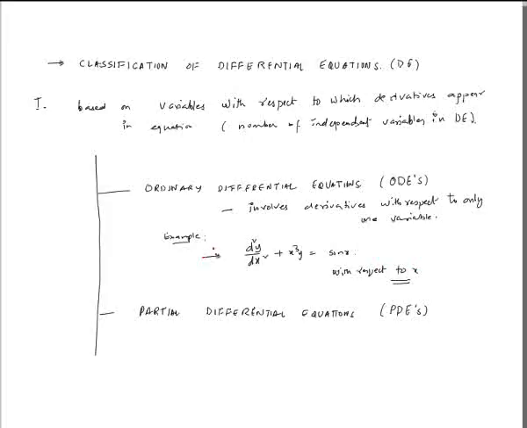But sometimes you may have something like this: d square u by d t square is equal to c square d square u by dx square. Here you have derivatives with respect to t and derivatives with respect to x. In fact this is basically a one-dimensional wave equation.